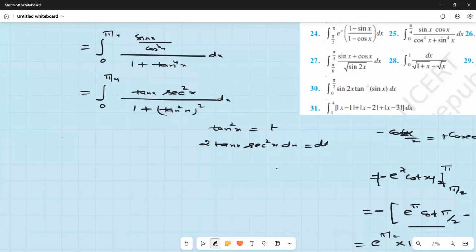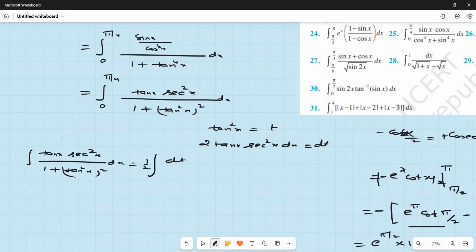So the integral of tan x sec square x upon (1 plus tan square x) whole square dx is equal to (dt by 2) upon (1 plus t square), which is equal to half tan inverse t. So if I put t, it is half tan inverse tan square x, right?